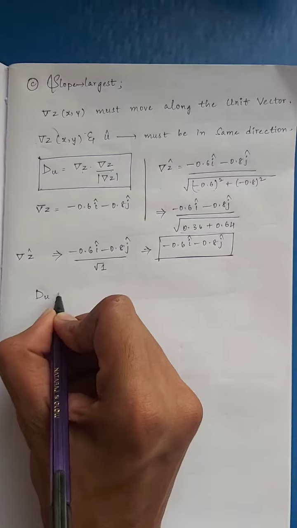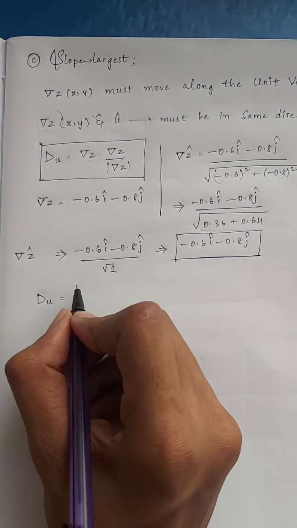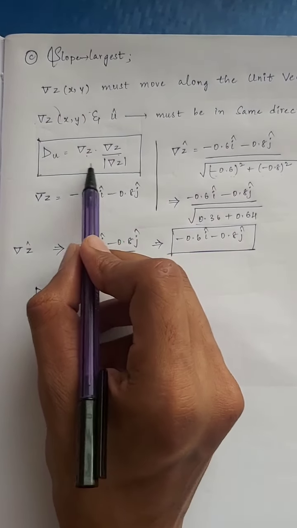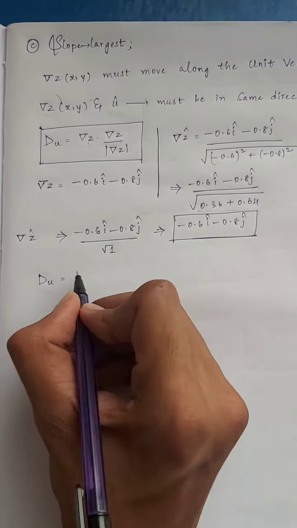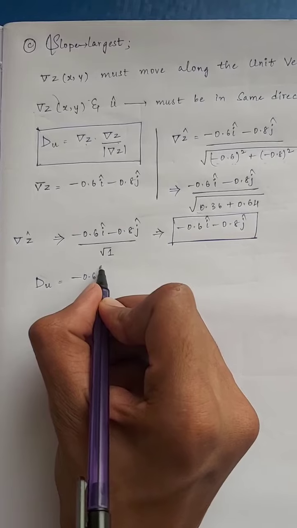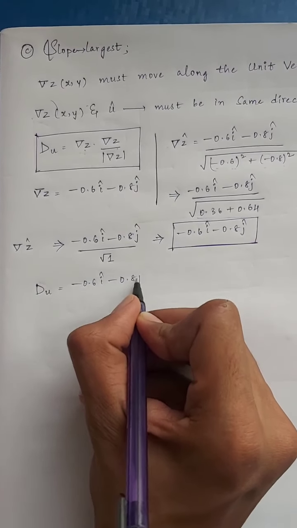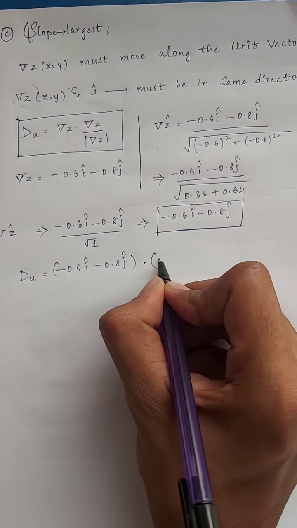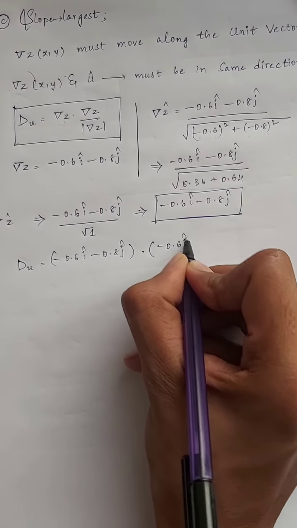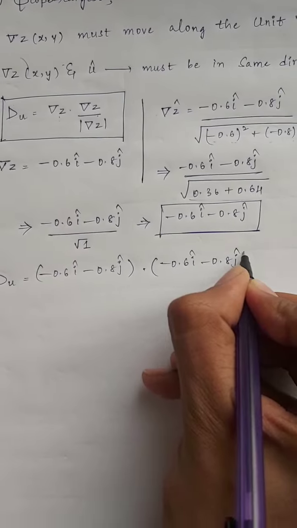Now since we have to find the directional derivative, we have to find the dot product between the gradient vector and its own unit vector, which would be minus 0.6 i cap minus 0.8 j cap dot minus 0.6 i cap minus 0.8 j cap.